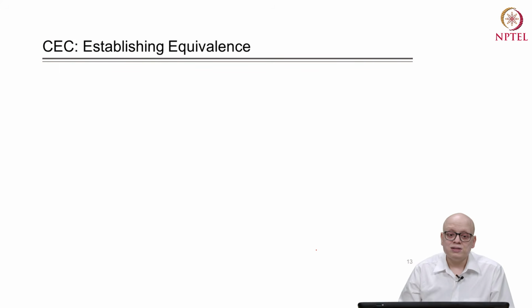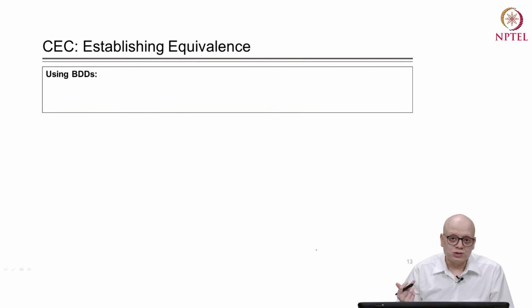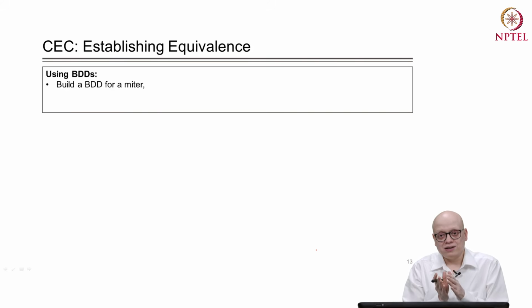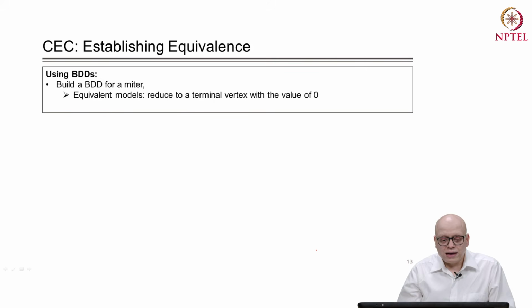Now, how does the CEC tool establish equivalence? It can use either BDD or a SAT solver. If it is using BDD, it creates a BDD for the given mitre. If the models are equivalent, then the mitre will always produce a value of 0.